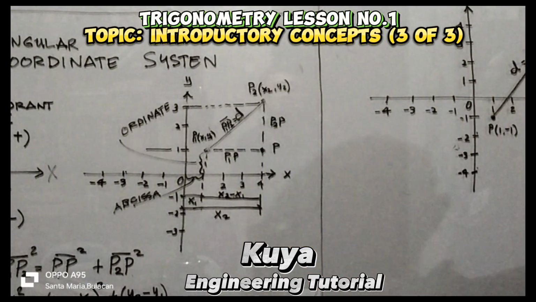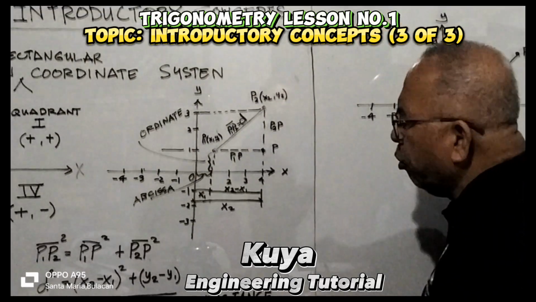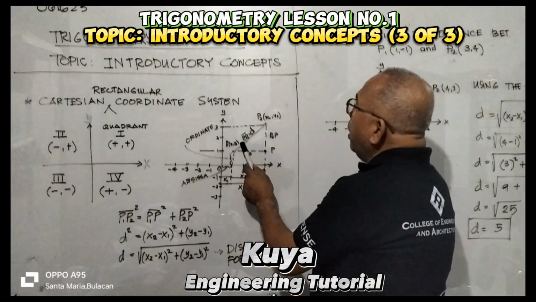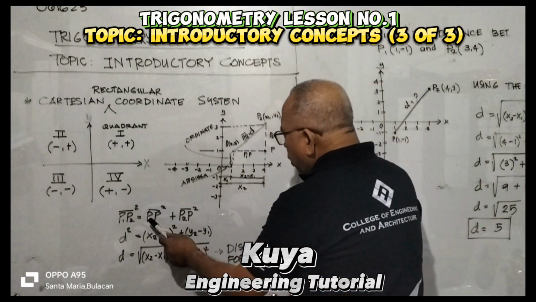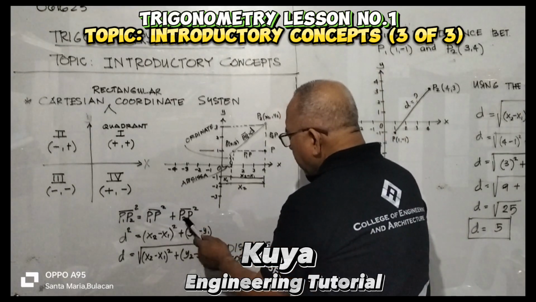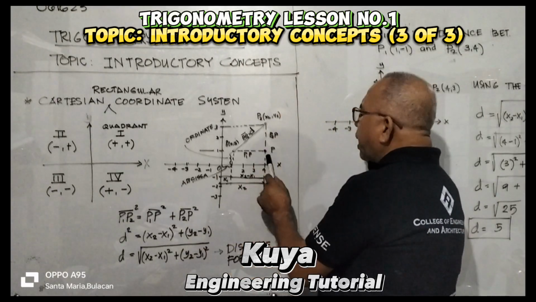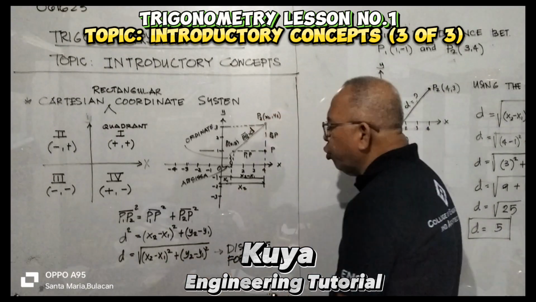So, since we have this value now, we can apply the Pythagorean theorem. P1P2 squared is equals to the square of P1P plus the square of P2P. Therefore, this is a Pythagorean theorem, no?